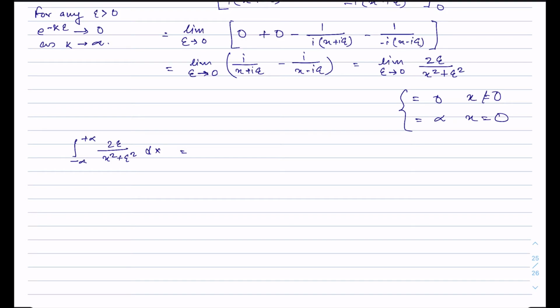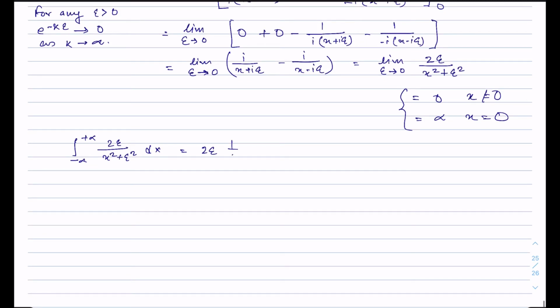So let's take the factor 2 epsilon outside the integral, because it is a constant, and the remaining part will give you 1 over epsilon tan inverse x over epsilon, within the limits from minus infinity to plus infinity. So you have 2 tan inverse.